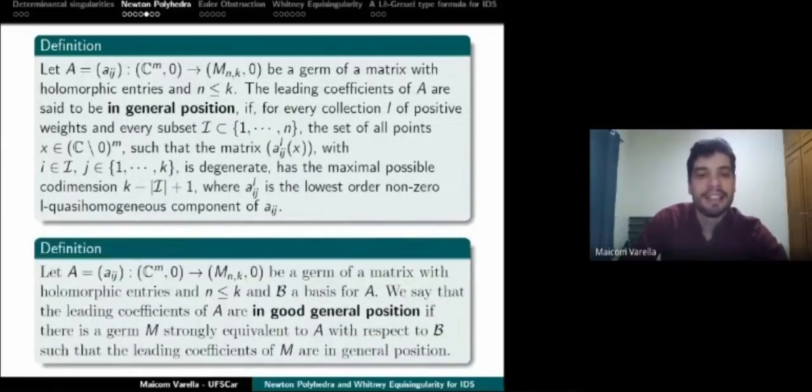And we say that the leading coefficients of A are in good general position if there is a gem M strongly equivalent to A with respect to a basis B, such that the leading coefficients of M are in general position.